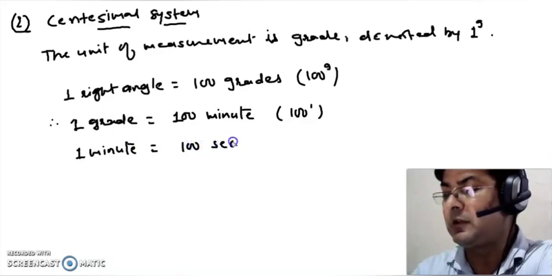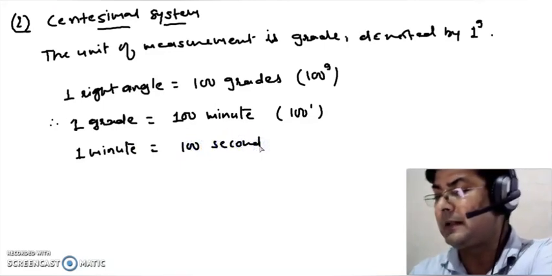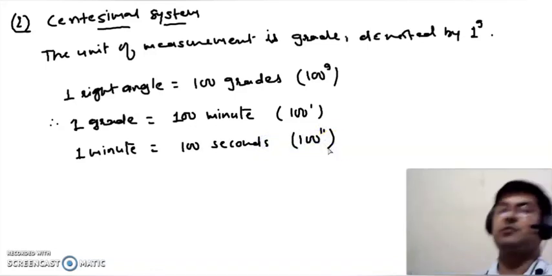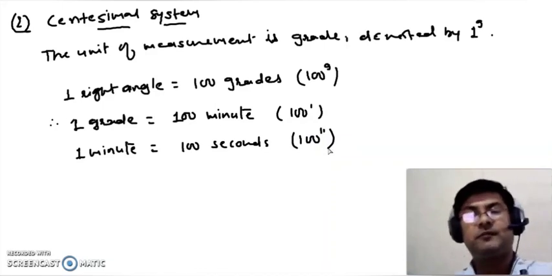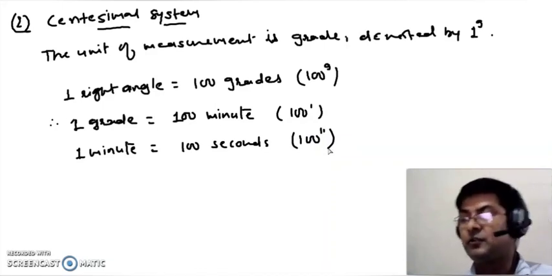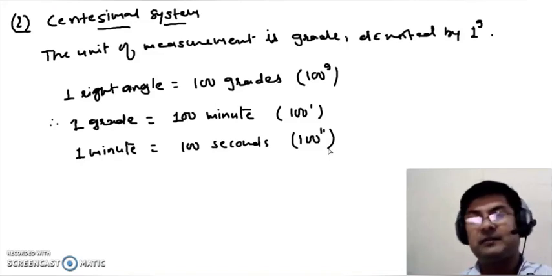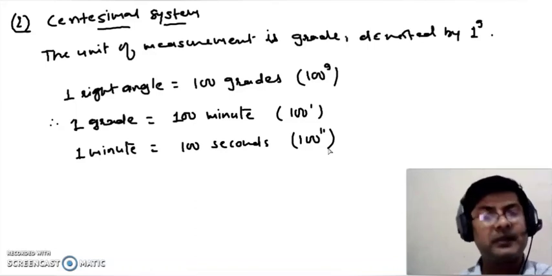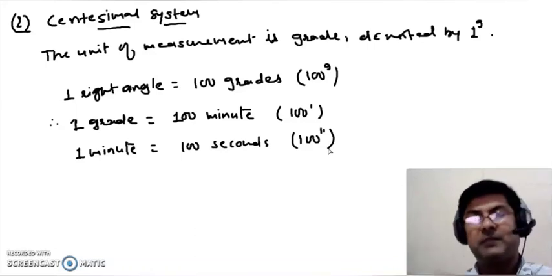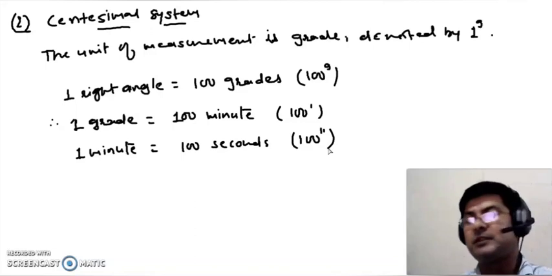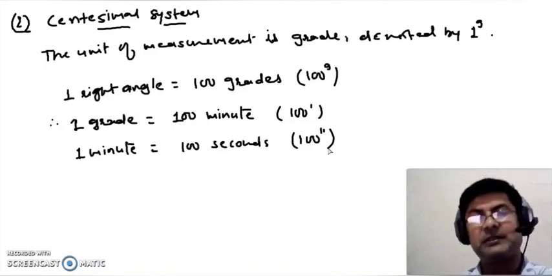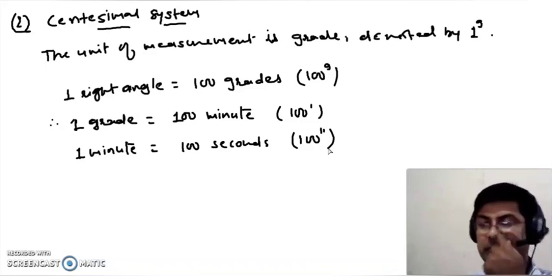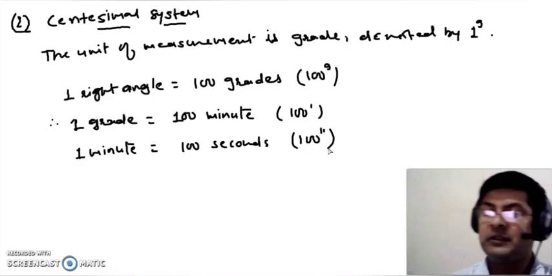Each part is called a second. Okay, and again the symbol is same as was used in case of degree measurement. Clear? So the difference is there a degree was divided into 60 equal parts. Here one grade is divided into 100 equal parts, and each part is called a minute, and again 1 minute is divided into 100 equal parts. Each part is called a second. Clear? Okay, so centesimal system is also done.